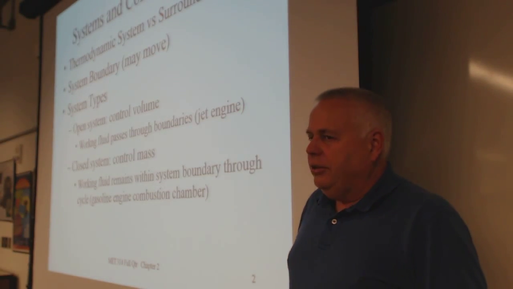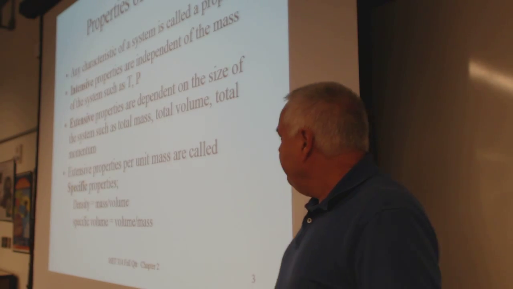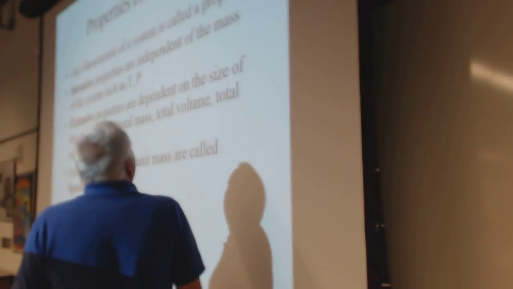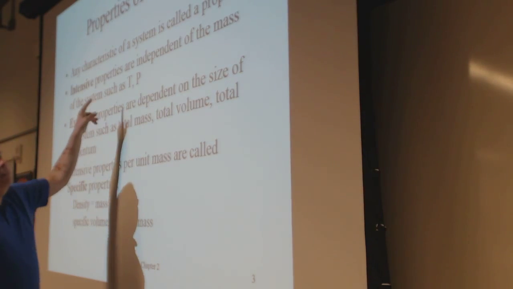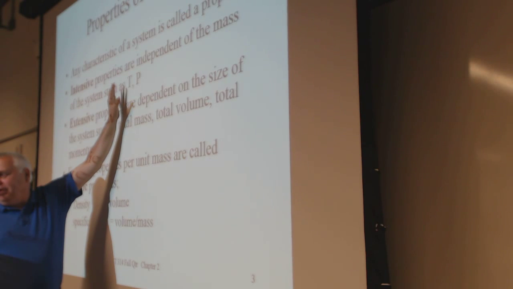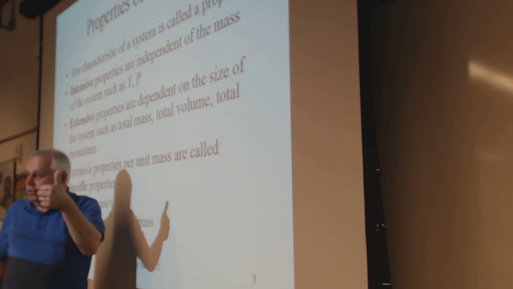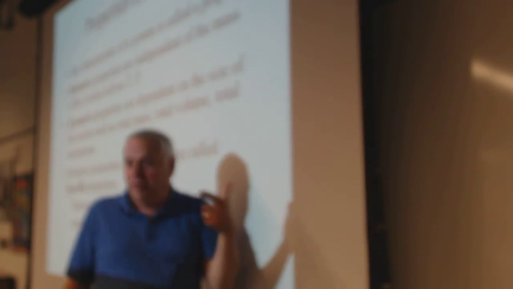So to show the system boundary is one of those things. Property. Characteristics of the system, and when I'm talking system, I'm talking the fluid in the box, whatever it is. Temperature is a property. Density is a property.